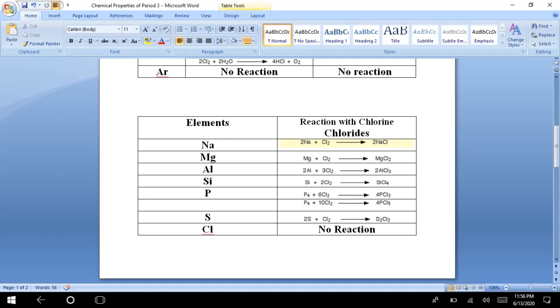Then you have phosphorus. Similarly, it also has two different compounds: phosphorus trichloride and phosphorus pentachloride. Phosphorus trichloride is PCl3 and phosphorus pentachloride is PCl5. Usually phosphorus trichloride is a colorless fuming liquid, while phosphorus pentachloride is an off-white solid.